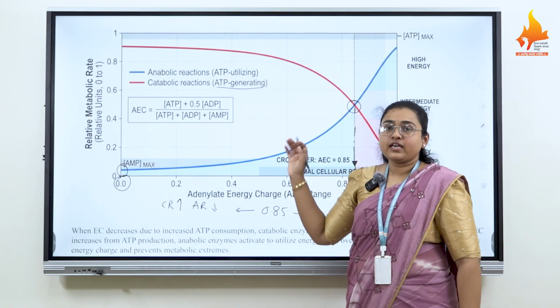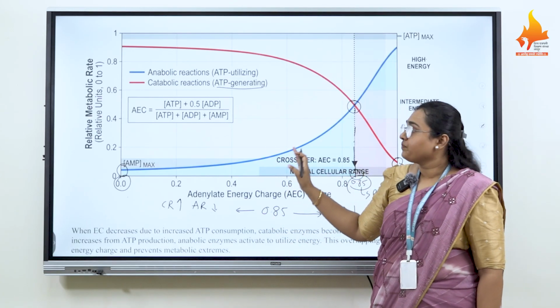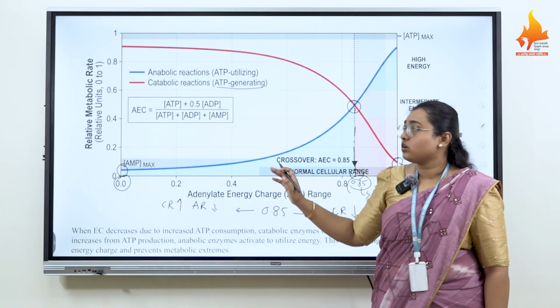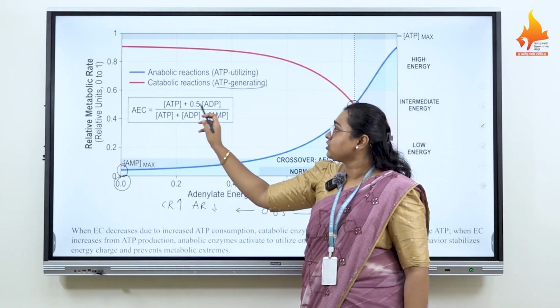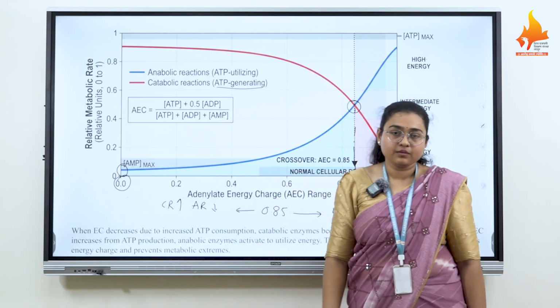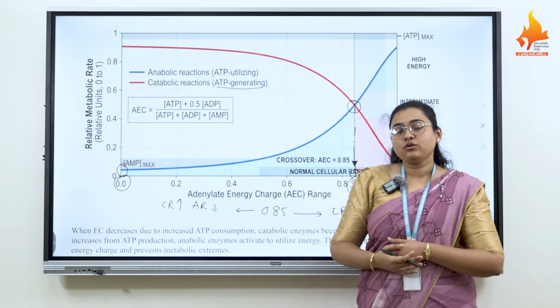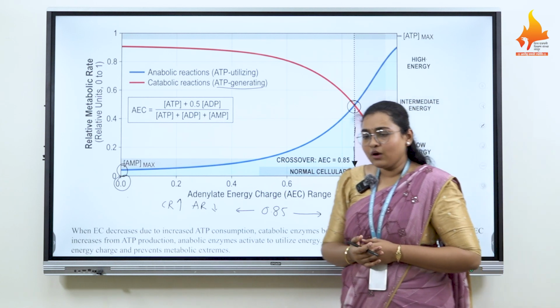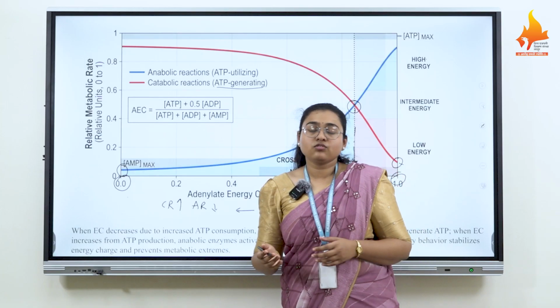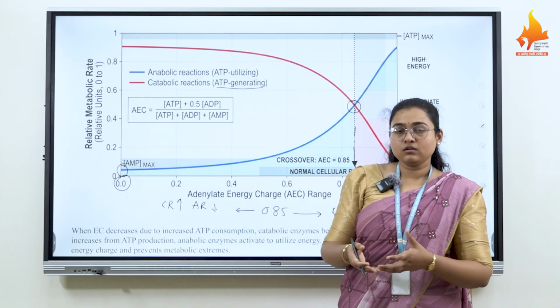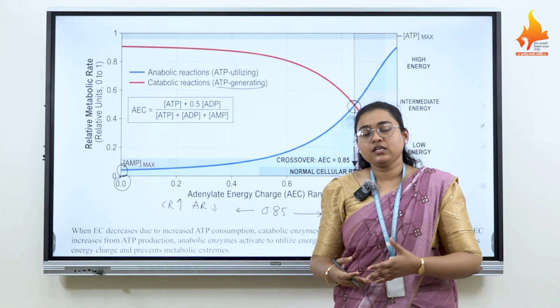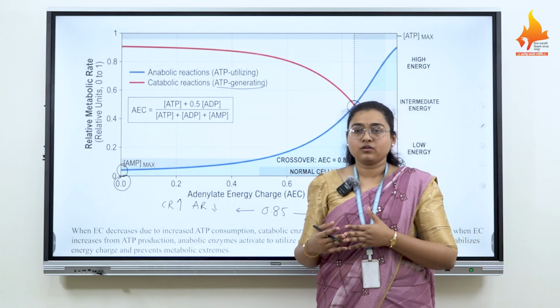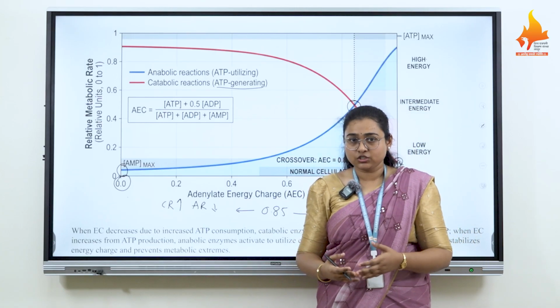This is all about the adenylate energy charge theory, which explains how the concentration of ADP, ATP and AMP helps to calculate the energy status of a cell. So how to get the energy charge value? First of all, collect your cell sample, then collect all the adenine nucleotides with the help of different extraction methods.